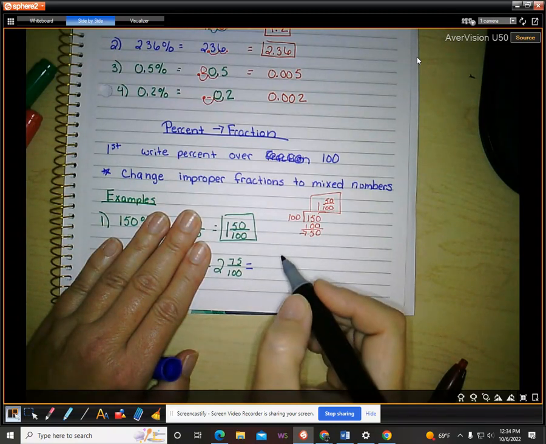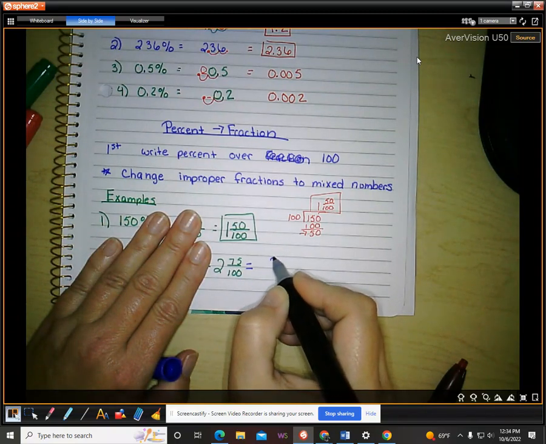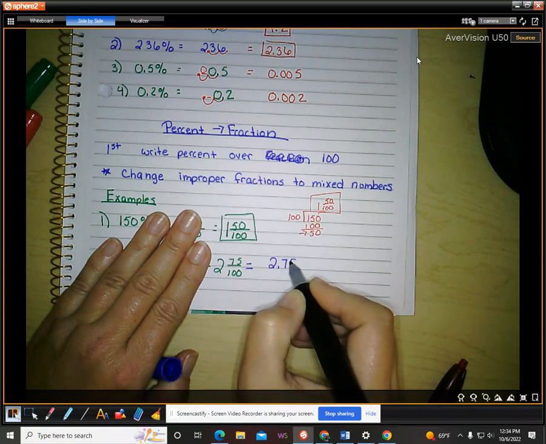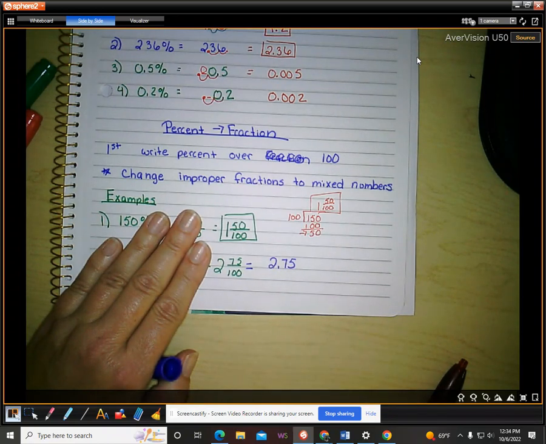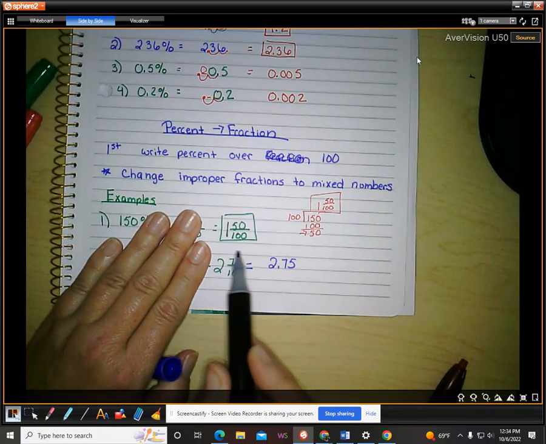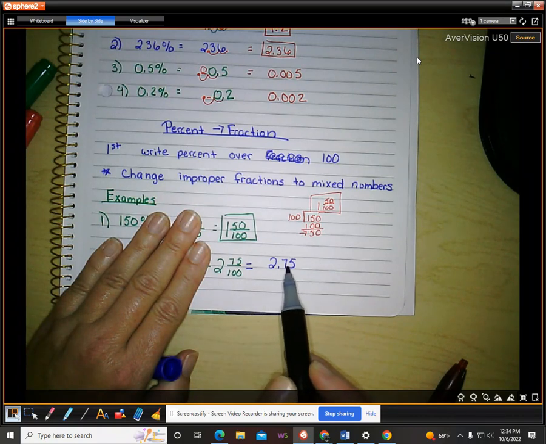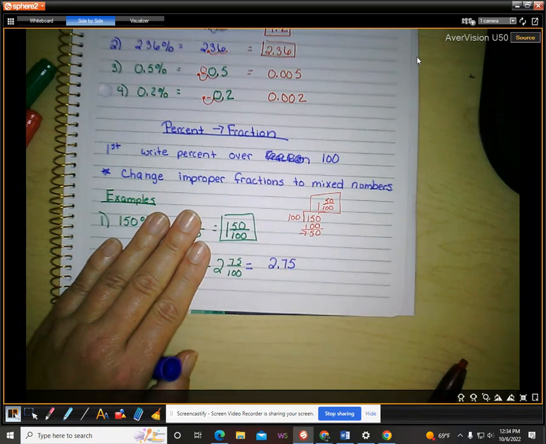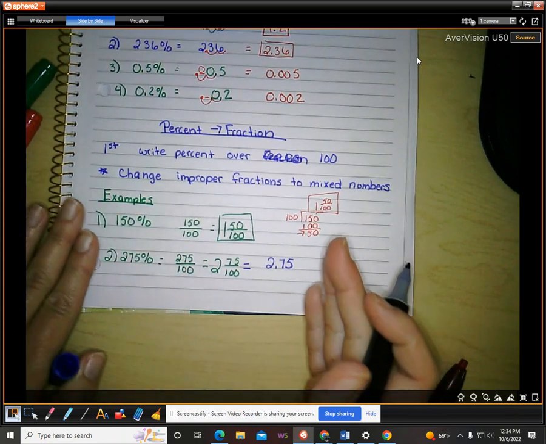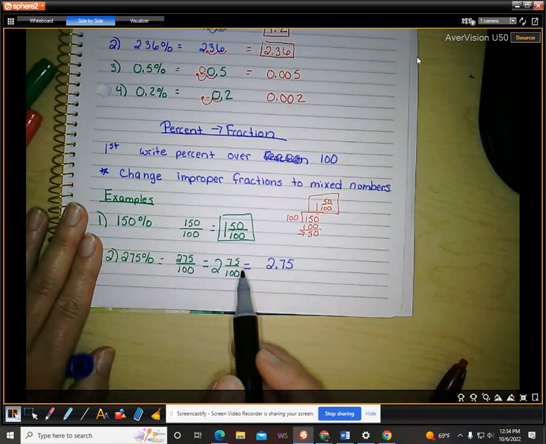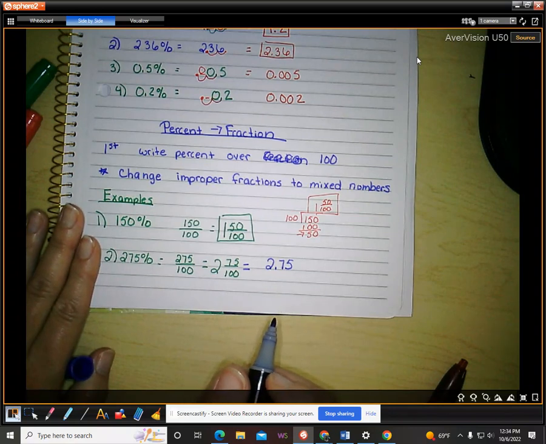Give me the digits. James. 2.75. Yes. This is why we need to be able to read numbers. 2 and 75 hundredths. That's how you would read that. You can change it to a decimal. That's doing all three of them. Percent to fraction to decimal. Okay?